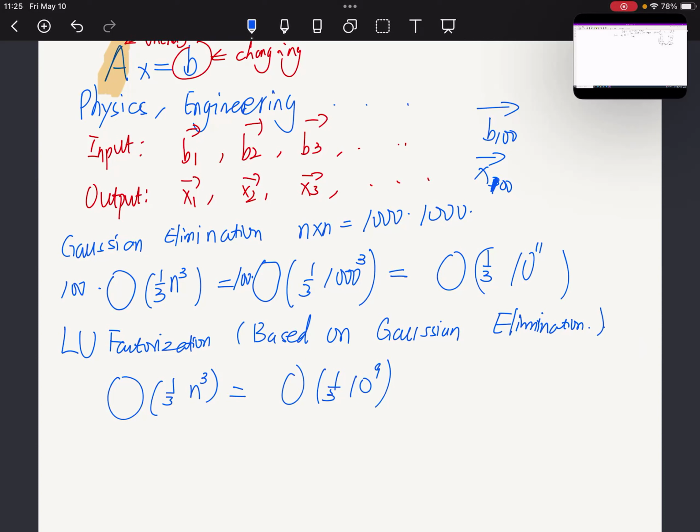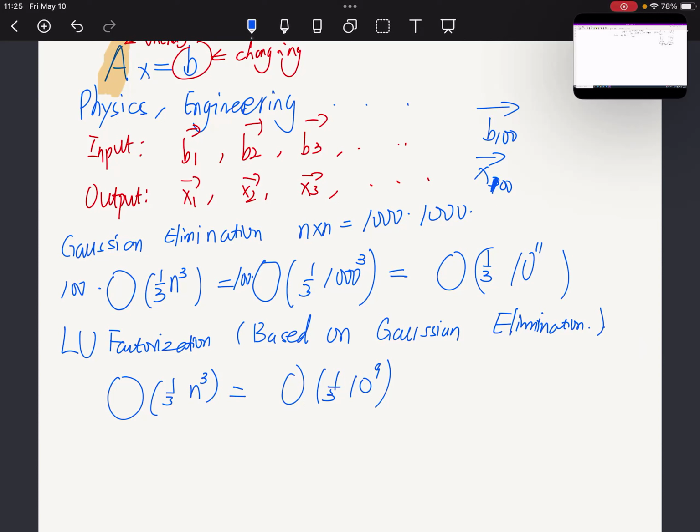You just need to do the Gaussian elimination once and record some essential information from it, and then you can keep doing the backward and forward substitutions using the recorded information. Which means that at the end of the day, you just need to do the Gaussian elimination once, and then you can use that information to solve the system of equations for the different inputs. And this is the saving here. I will tell you this in detail.